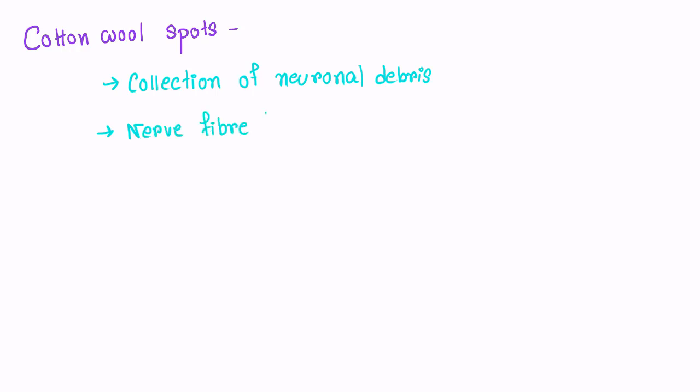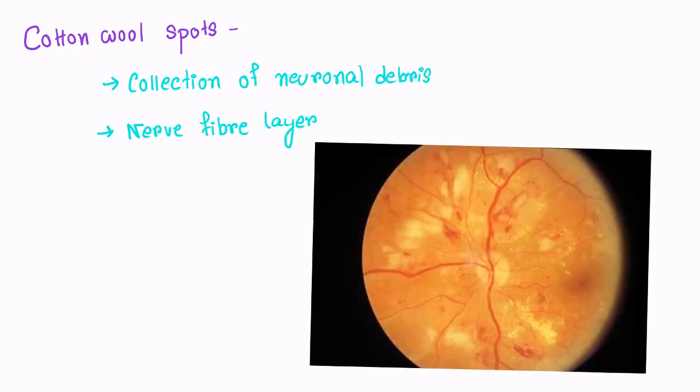Now the cotton wool spots. The cotton wool spots are basically collections of neuronal debris. These are found in the nerve fiber layer of retina. In the picture, you can see this creamy white, waxy, fluffy lesion.